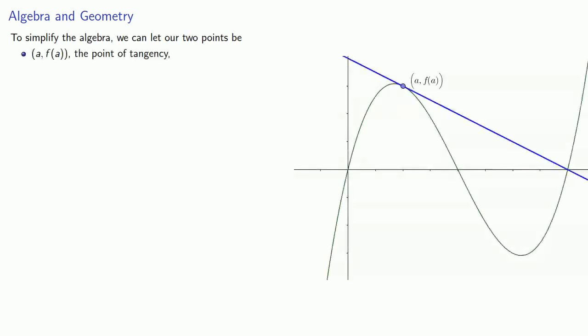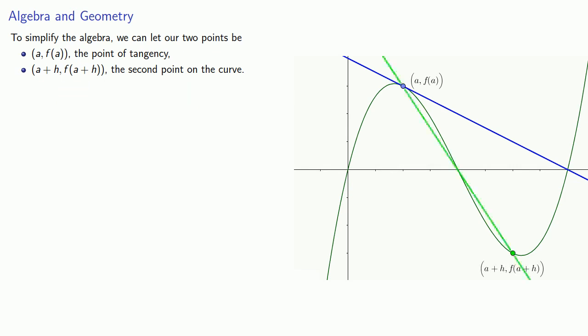Now to simplify the algebra, we can let our 2 points be a, f of a, the point of tangency, and a nearby point, which we can think about as being a plus a little bit more, h, and the corresponding y value, f of a plus h.